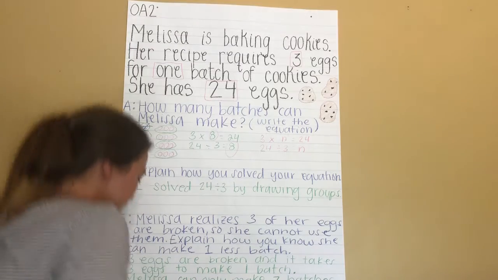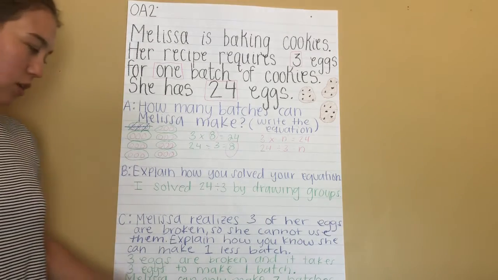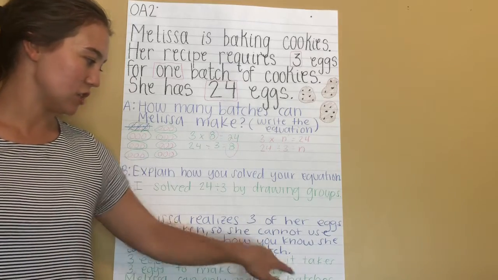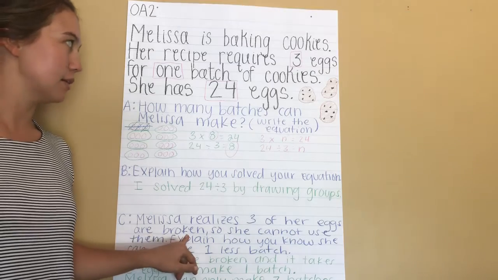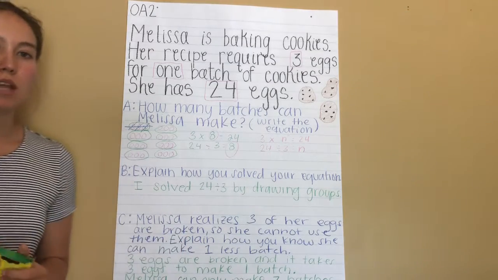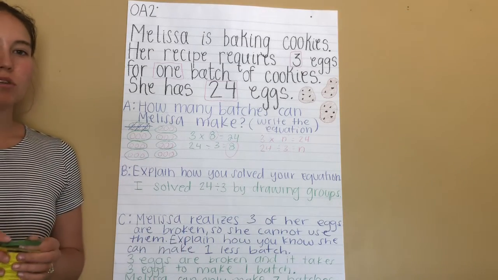So this leaves us with the idea that Melissa can only make 7 batches if 3 of her eggs are broken.